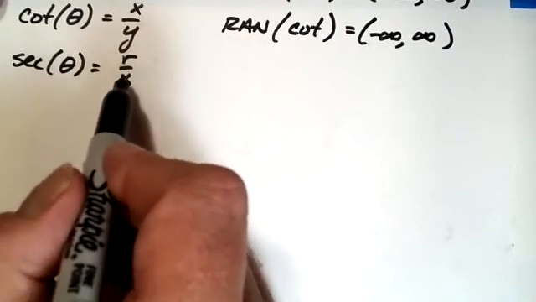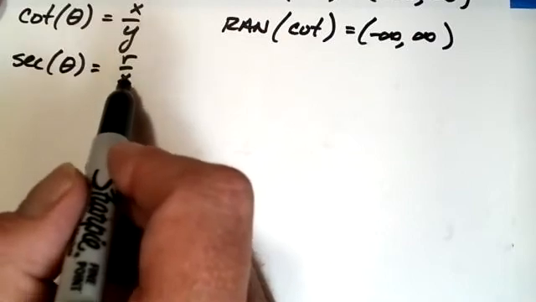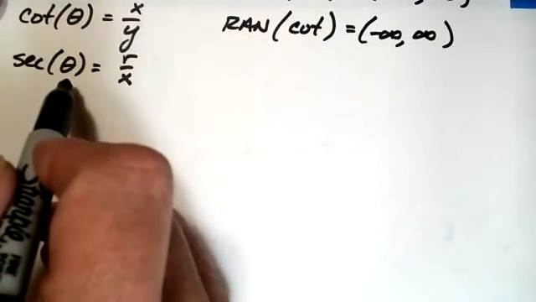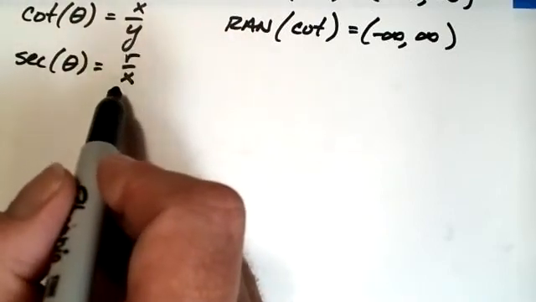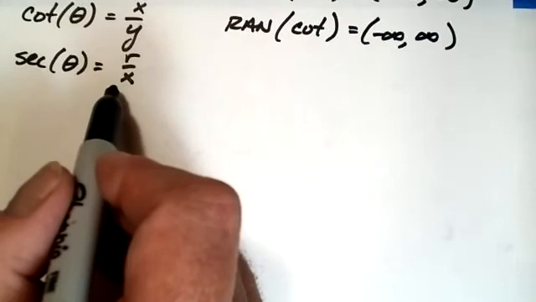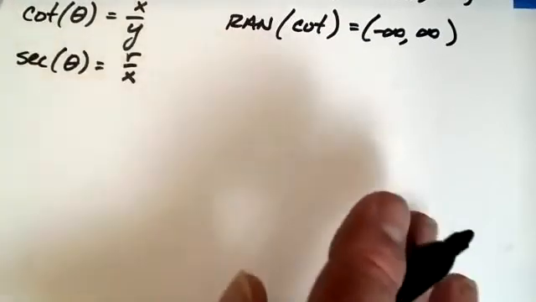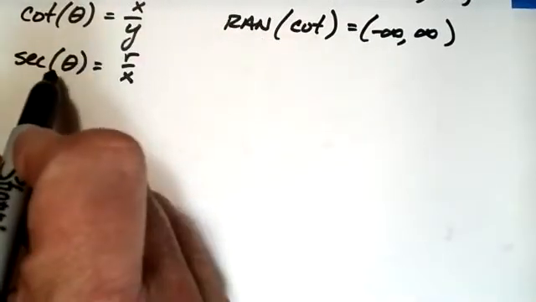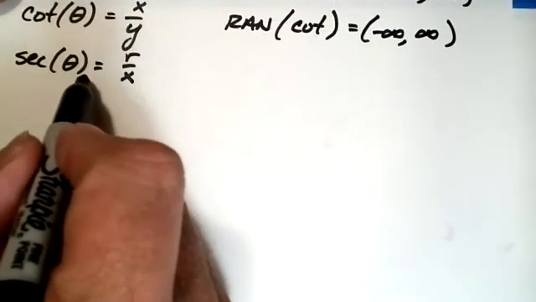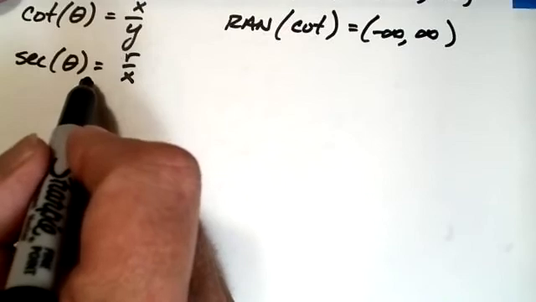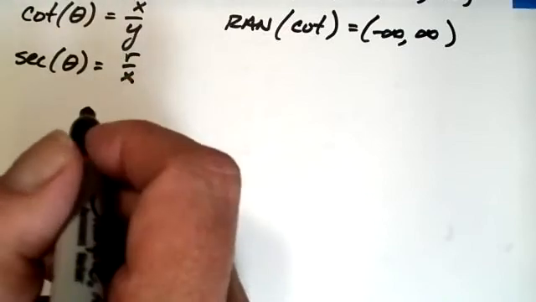It can be equal to r in magnitude. So it's possible for these functions to attain the value of -1 or +1, but they can't obtain a value that's closer to the origin, right? So the magnitude, or strip the sign off of it, secant can be larger than 1, and it can equal 1, but it can't be smaller than 1.